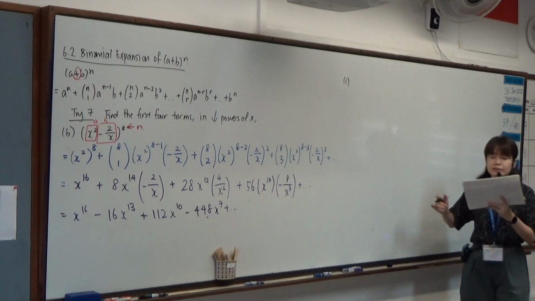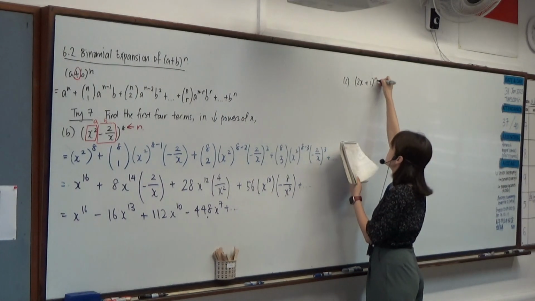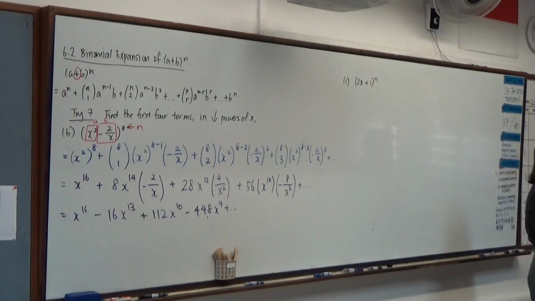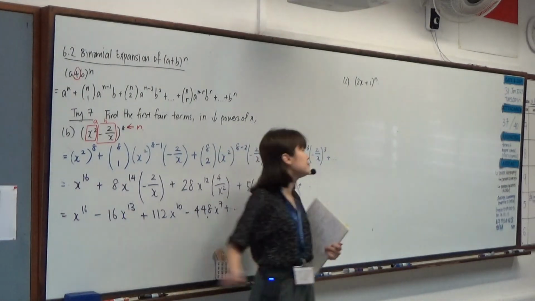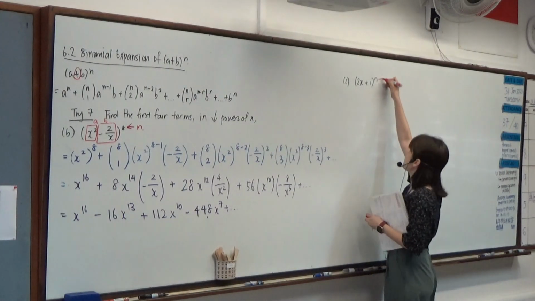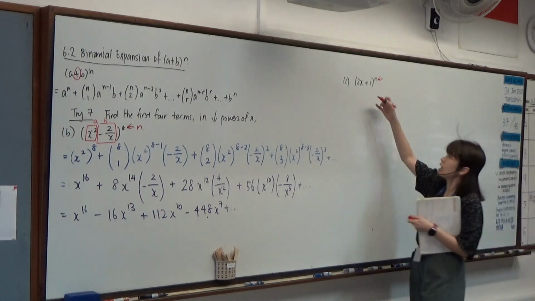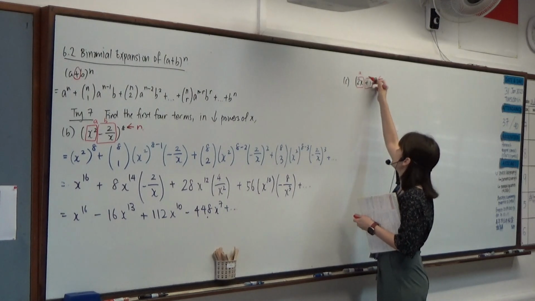Okay, next we look at part C. Part C gets a little bit tricky. Why? Because our power itself is not a number. It is a variable n. We recognize that our A is 2x and our B is plus 1, or 1 itself.